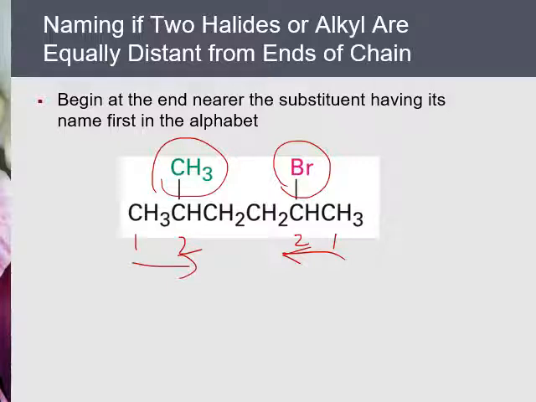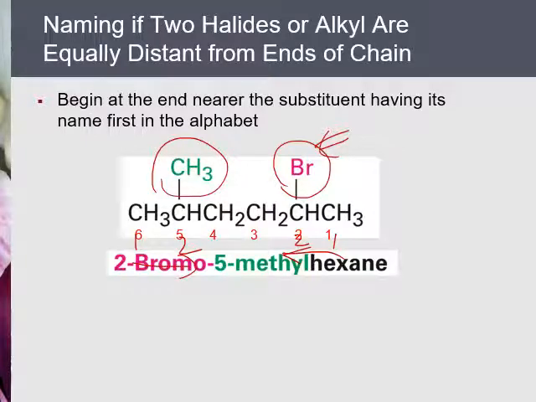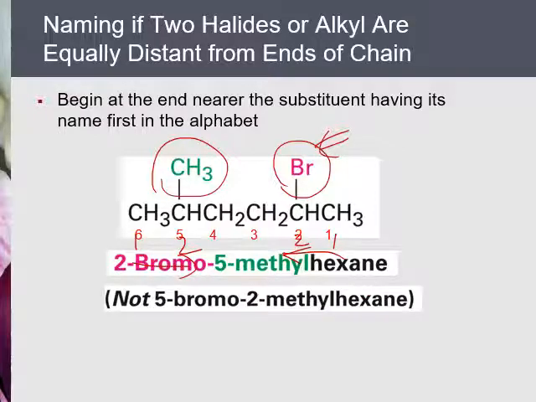So bromine is in front of methyl, and therefore we number from left to right. And therefore, this is called 2-bromo-5-methylhexane. And if you go the other way, 5-bromo-2-methylhexane is not the correct naming.